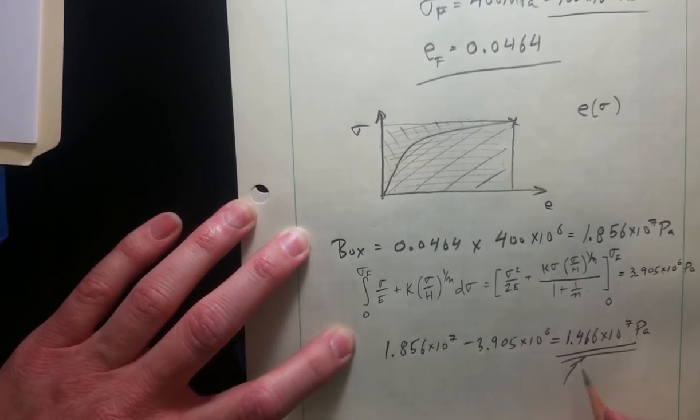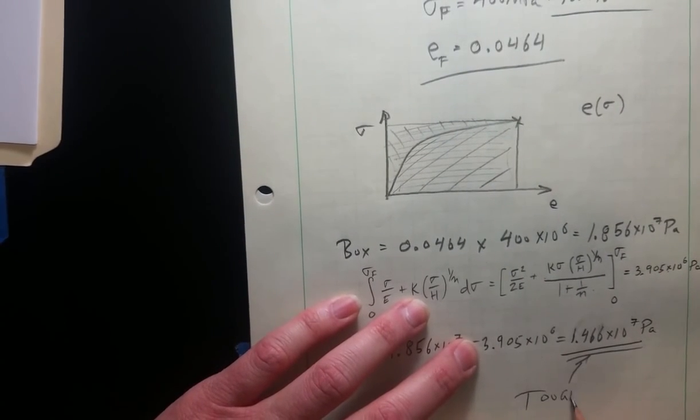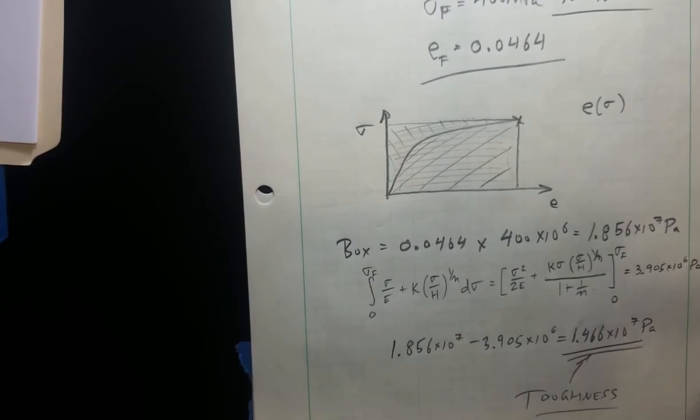And this is how we're expressing our toughness. So this is an example of how the Ramberg-Osgood equation can be used to approximate quantitative information out of these stress-strain curves.